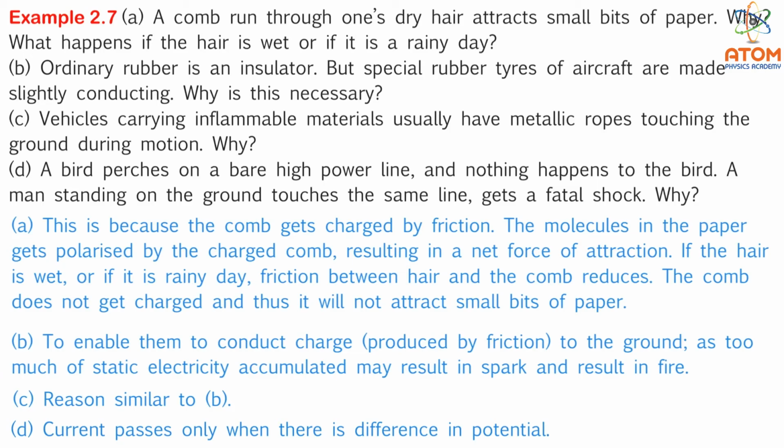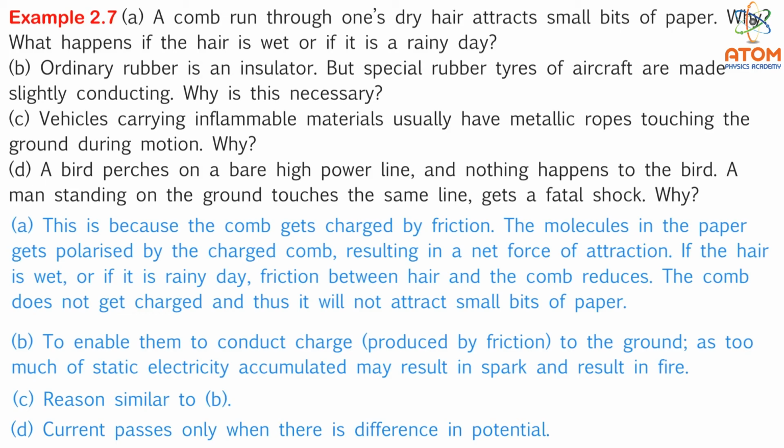That's why it is very much advisable to keep the rubber of the tire of an aircraft slightly conducting, not totally conducting, but at least slightly conducting, so that whenever the aeroplane lands, the charge from the aeroplane will gradually pass through the tire towards the ground, and so the total charge will be nullified from the aeroplane, and that will not create any sort of accident.